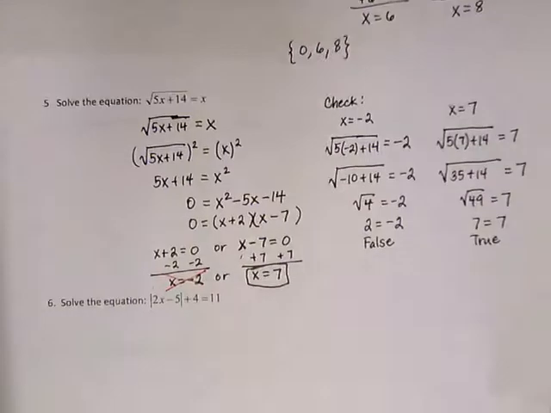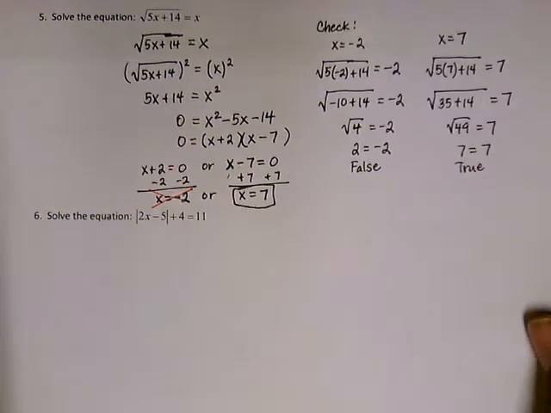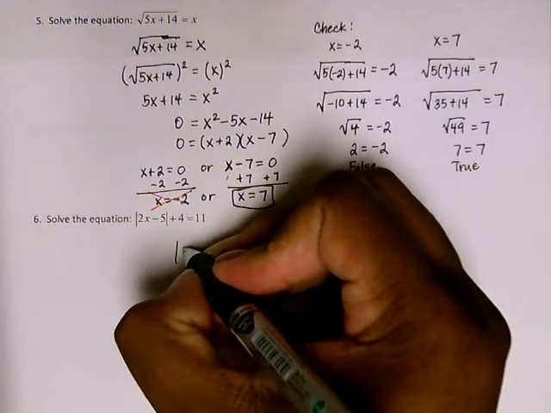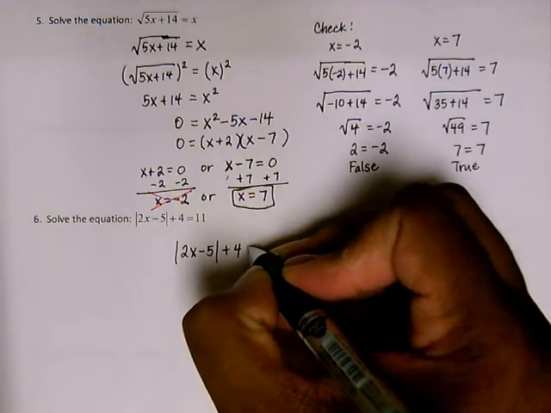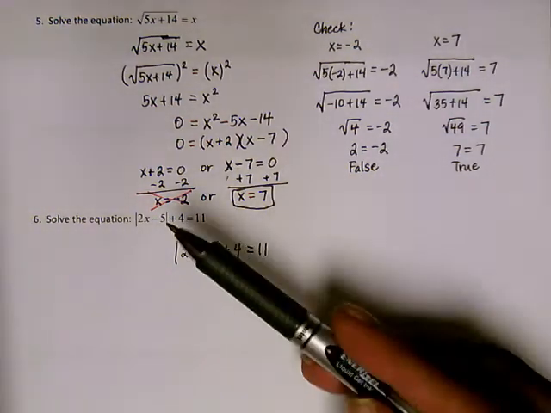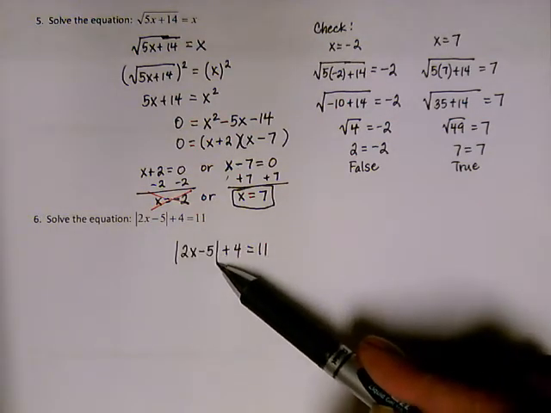Alright, problem number 6. Here we got the absolute value of 2x minus 5, and then plus 4 equaling 11. Alright, in this case here, I want to first get the absolute value by itself.